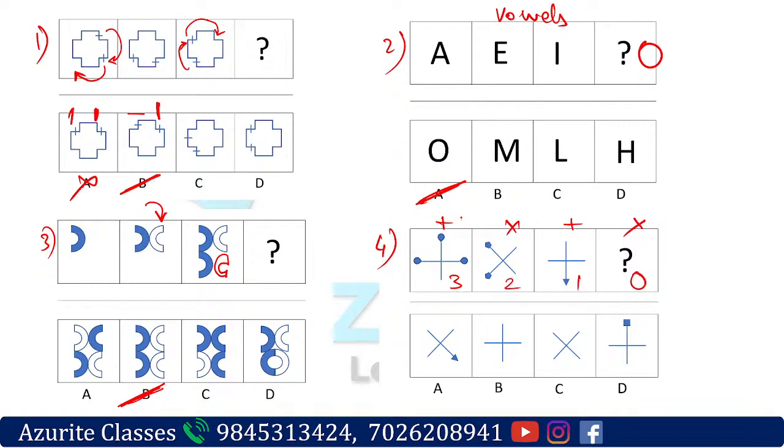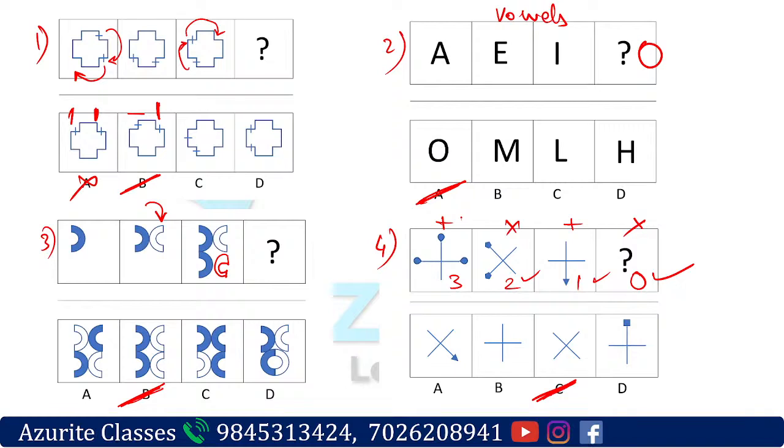So the symbols, right, the ends are shapes. 3 shapes are there, here 2 shapes, here 1 shape, here 0 shapes. So it will be the multiplication symbol with no shapes, that is figures. So C is the correct answer for the fourth question. Okay, you got it right? Yes, many of you are doing it correctly, very good.